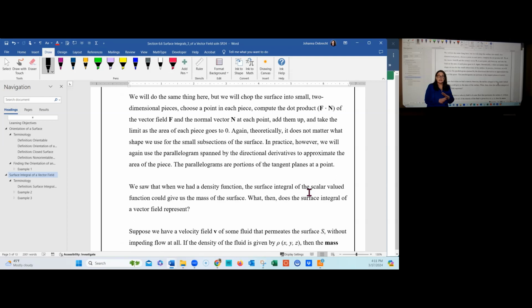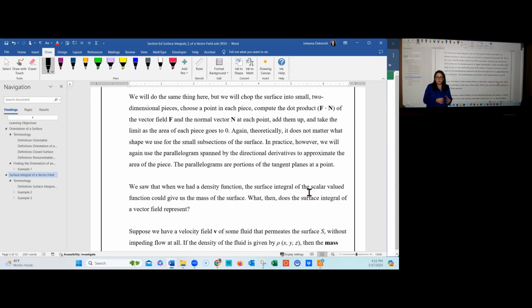Now, theoretically, it does not matter what shape the tiny little piece of area has, whether it's a disc like a circle, whether it's a rectangle or a square or even a trapezoid. That's in theory, however. In practice, it is very difficult to compute without having a regular geometric shape.